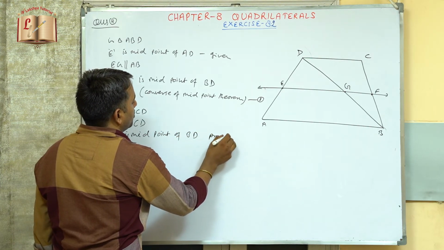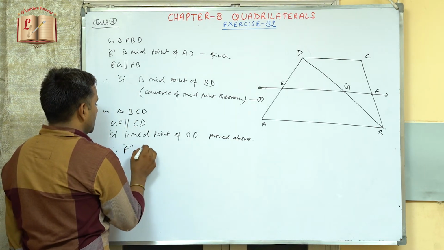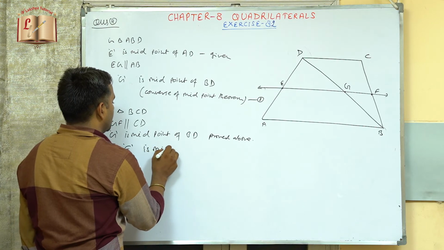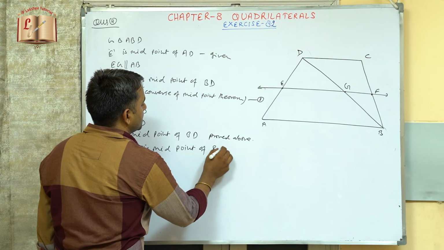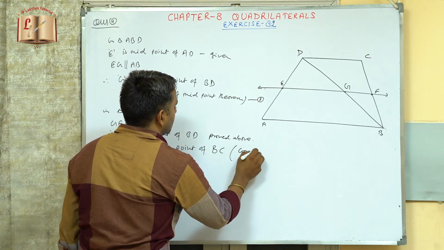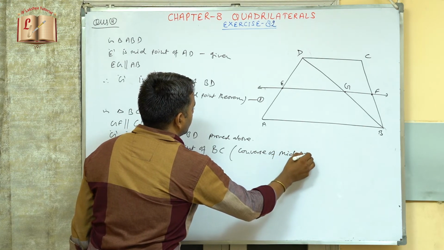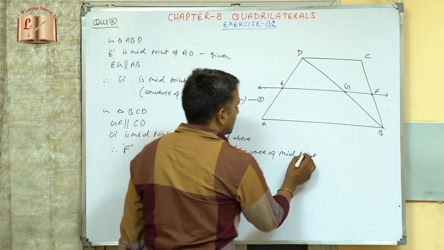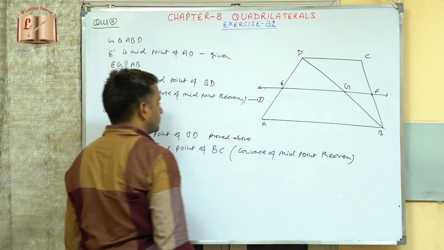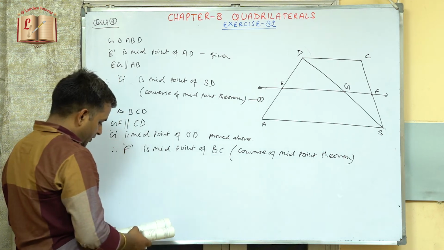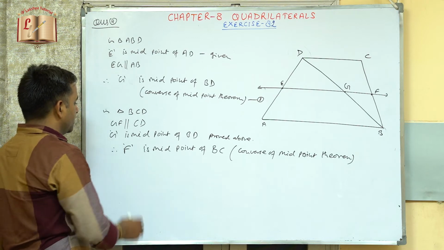This is already proved above. Therefore F is the midpoint of BC. This is again by the converse of midpoint theorem. So we have proved that this F is the midpoint of BC.